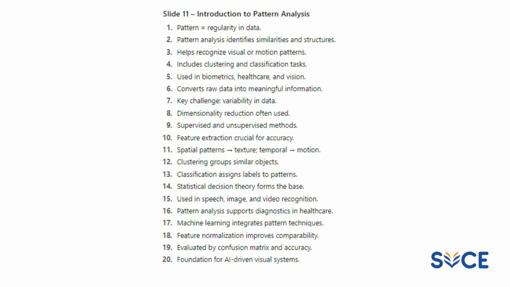It is used in speech, image, and video recognition. Pattern analysis supports diagnostics in ICAs, where machine learning integrates the pattern techniques. Feature normalization improves comparability, evaluated by confusion matrix and accuracy, the foundation of AI-driven visual systems.